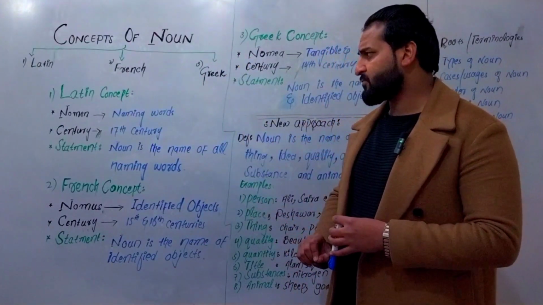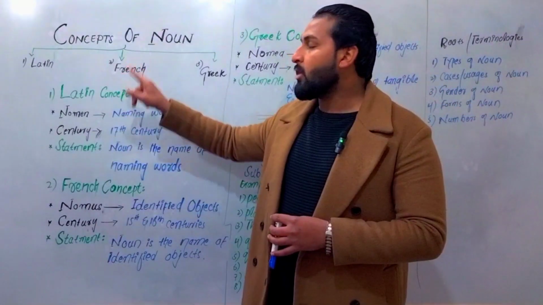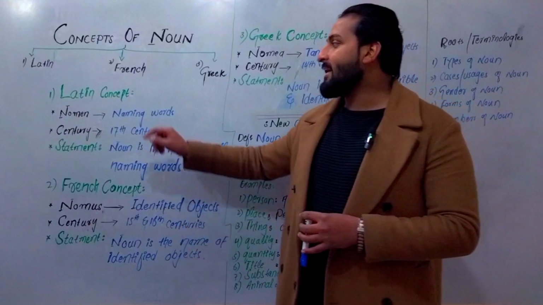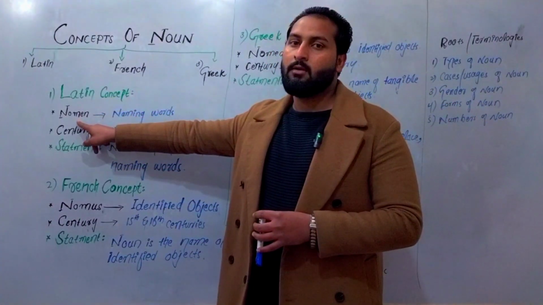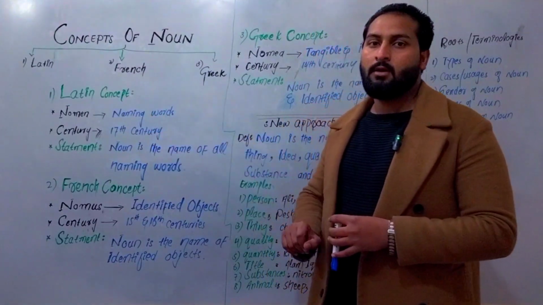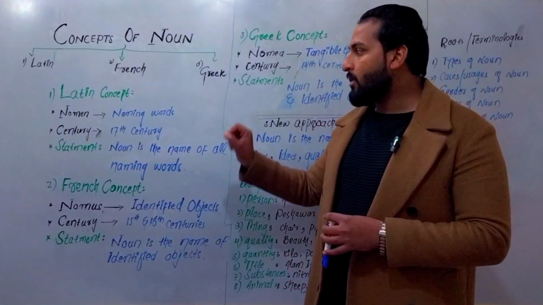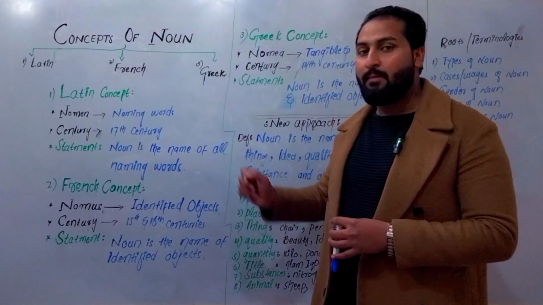Latin concept. The Latin concept says that the word noun is taken from the Latin word nomen, which means naming words. कि ये लातिनी जुबान से लिया गया है nomen से, जिसका मतलब है naming words.